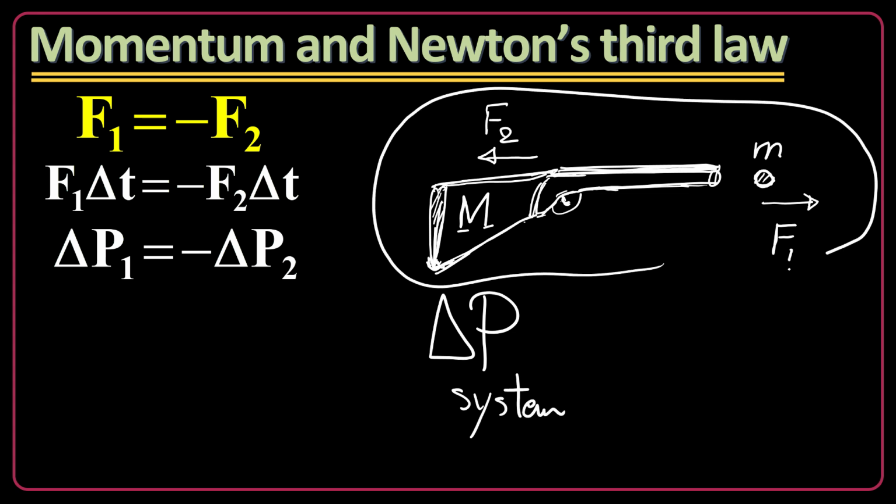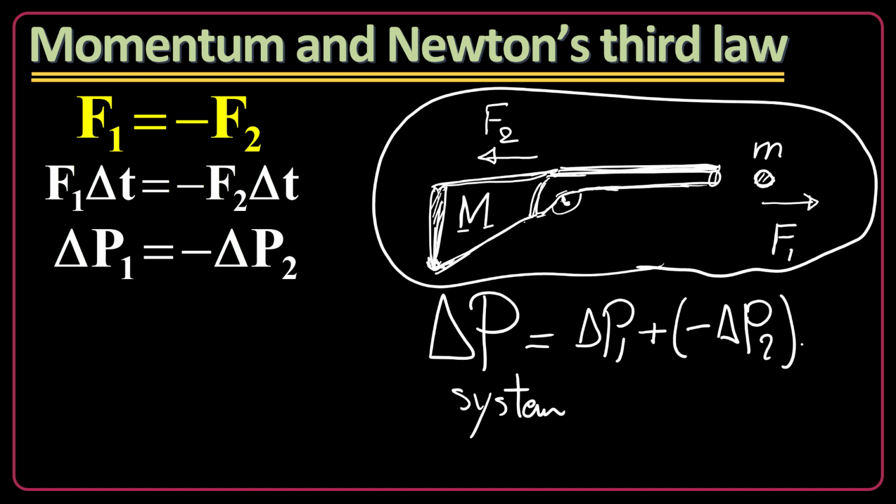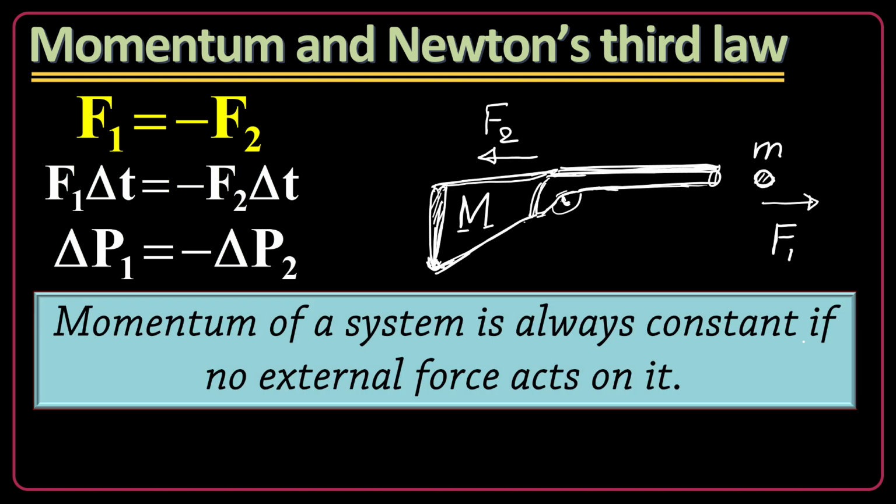The system is the rifle plus the bullet, and it is delta p1 plus negative delta p2, which is equal to 0. Because delta p1 and delta p2 have the same size, the total change in momentum of the system is 0. What do I mean by that?